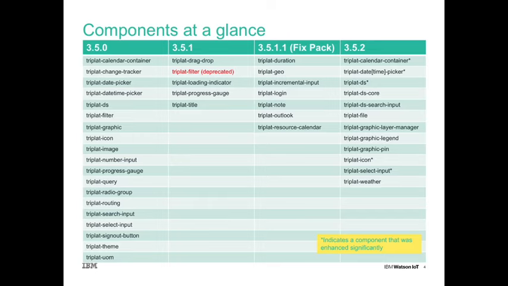In 3.5.2, in addition to adding some new components, there were some components that were fairly significantly changed that I've included on this slide as well. And we're continually making smaller changes that you may not necessarily notice to all of our components. This is not intended to be a list of every change that was made to every component.